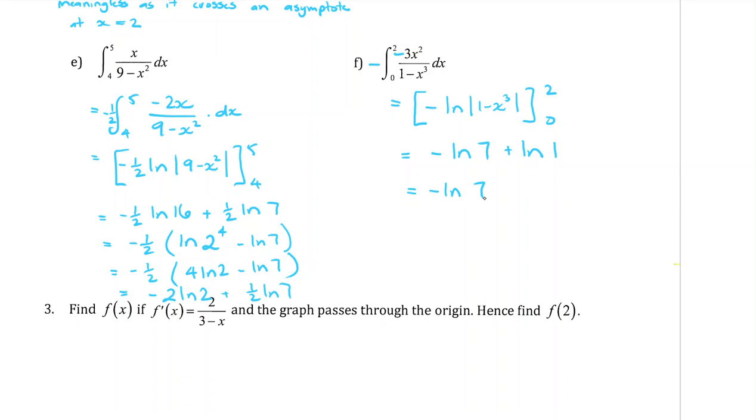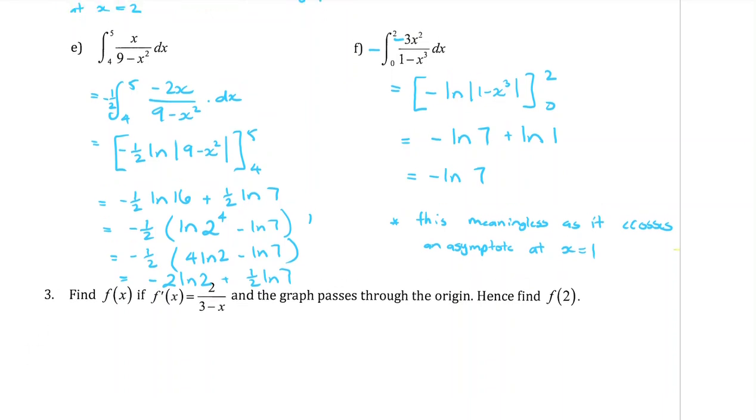So yes, we can integrate it, but again, this one is meaningless as it crosses an asymptote at x equals 1.